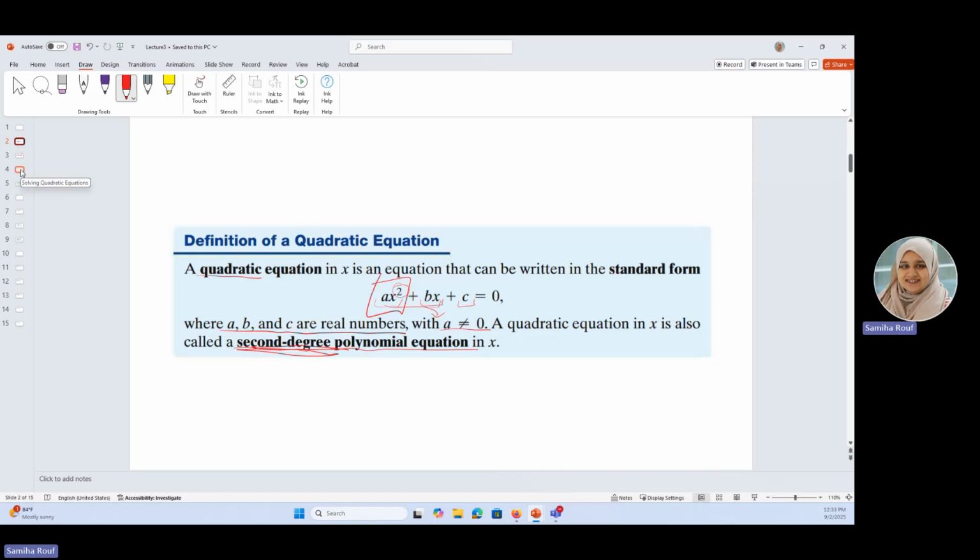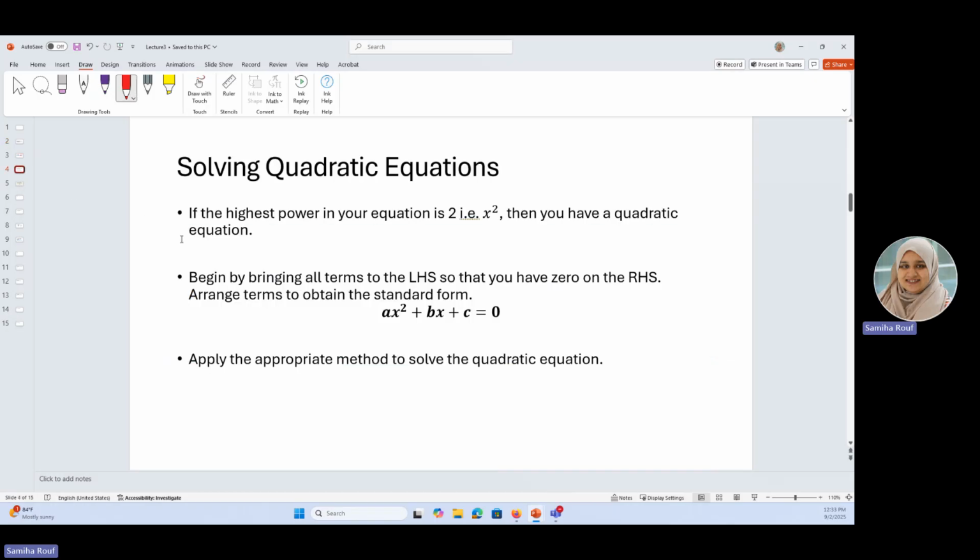So if you had something like this, it is still a quadratic equation because I have an x squared term here. It's just not in standard form.